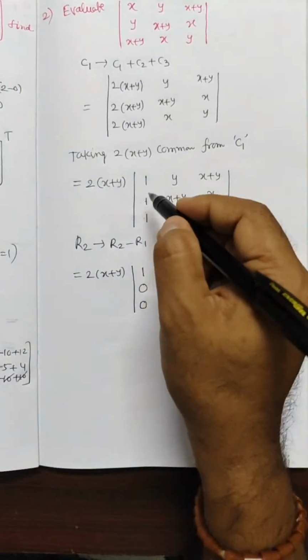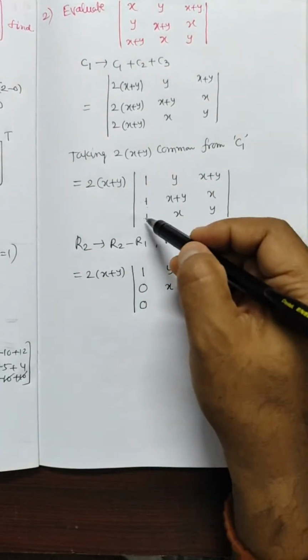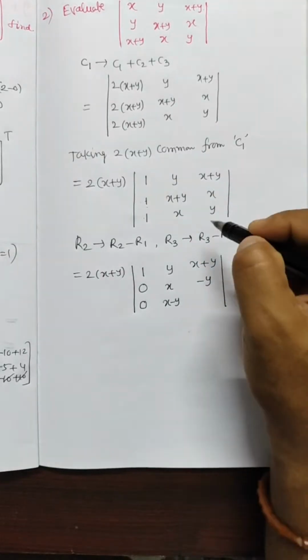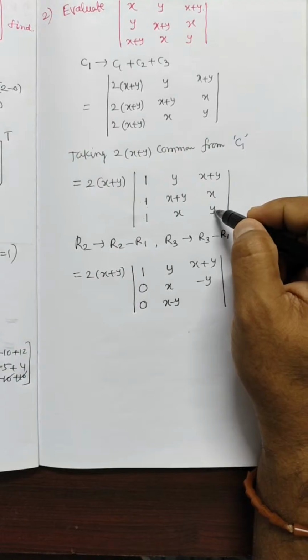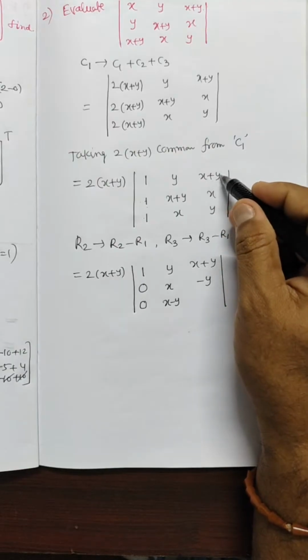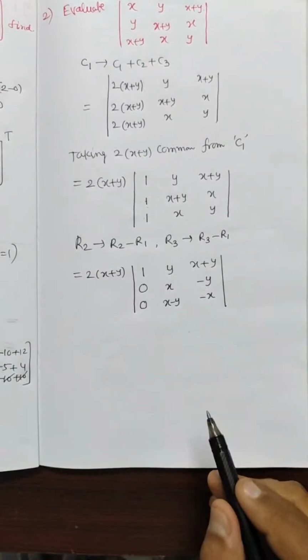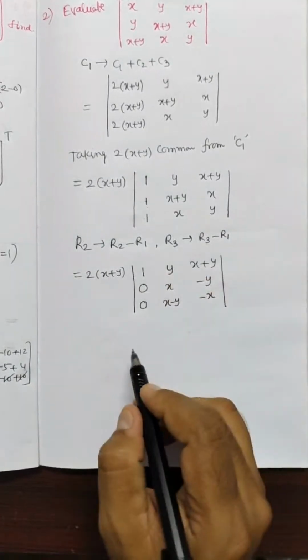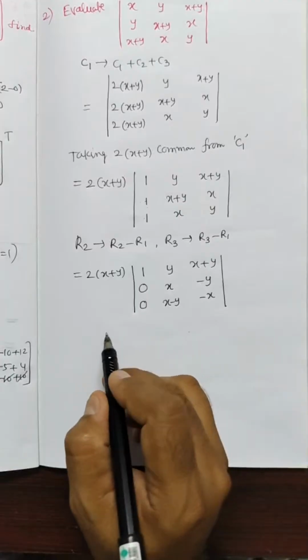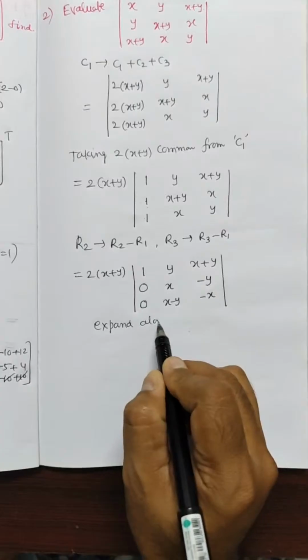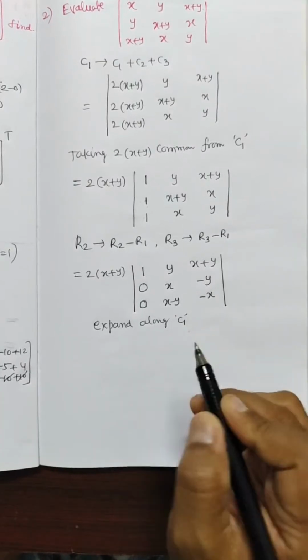R3: 1 minus 1 is 0, x minus y, next y minus x minus y, so minus x. After that, expand along column 1, expand along C1.